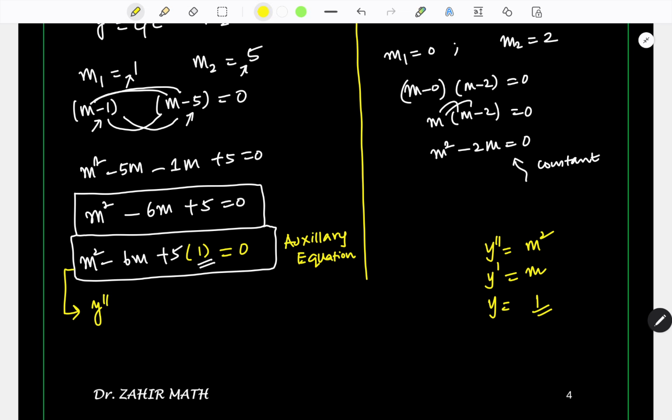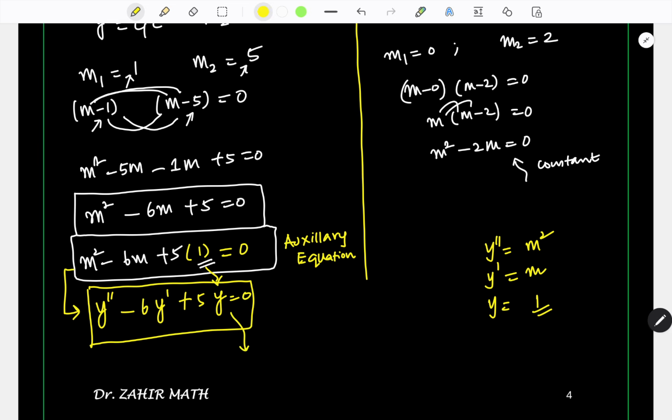Y double dash, because it's m square, so this is y double dash minus 6 y dash plus 5, and this 1 is nothing but y, equal to 0. Why, teacher? Why are you writing this? Because it's a differential operator. Keep it in your mind. And here what will be your equation? Your equation will be y double dash minus, there is m only, so it is y dash, equal to 0.